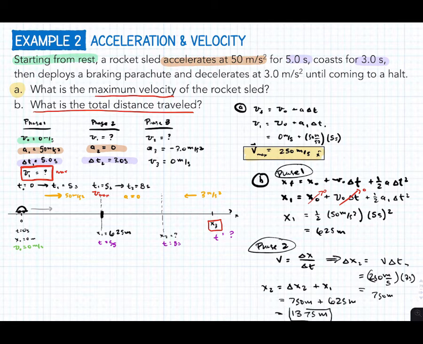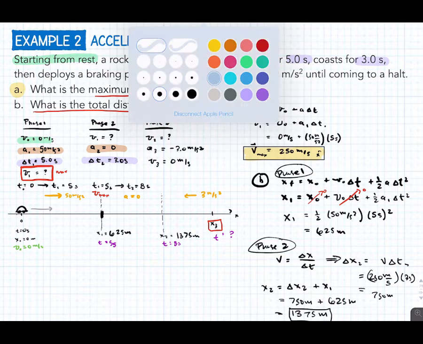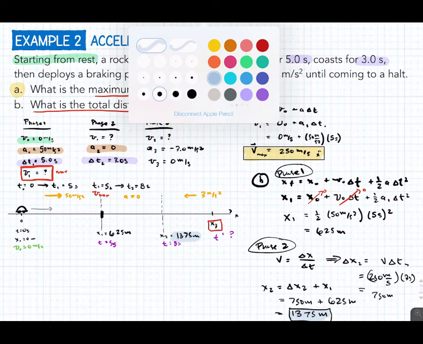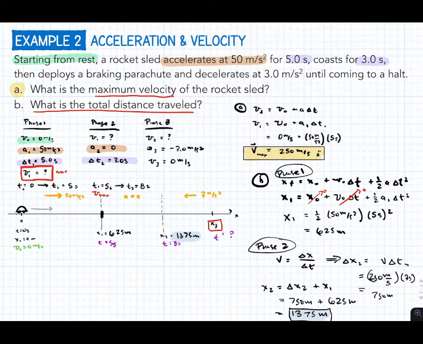Okay, so that means right here, we are at 1375. All right, so just to follow along, we go from here over to here, and previously we went from 625 over to here. Okay, what do we still need to do? There's one more phase, right? So phase 3.